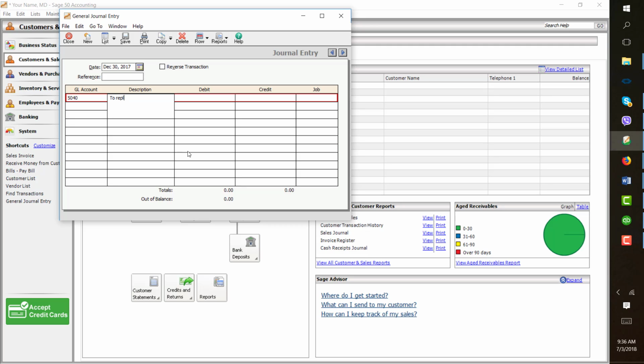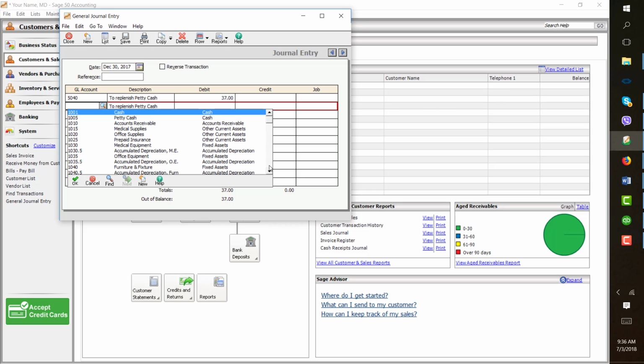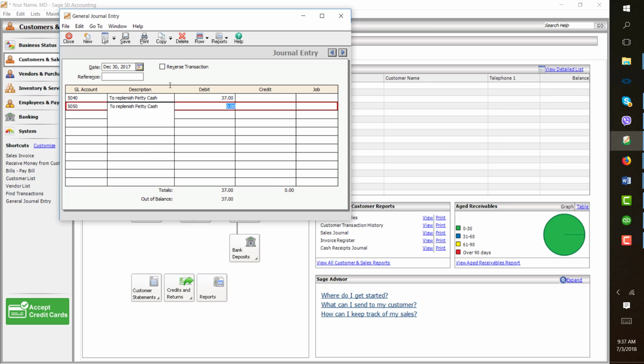So you are debiting the postage and delivery expense to replenish petty cash, and the dollar amount is $37 for this first debit. You have another debit, and that represents the computer repairs, and you want to use the repairs expense account. So that will be the account to select for $50.